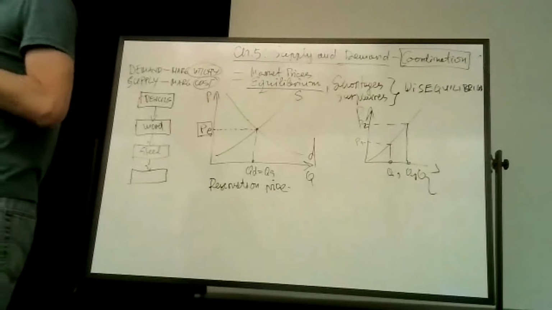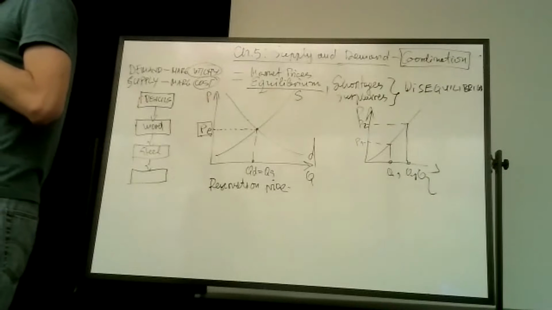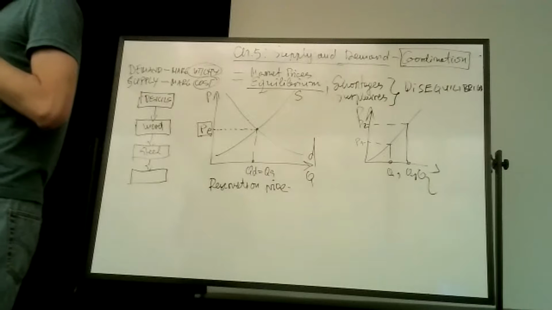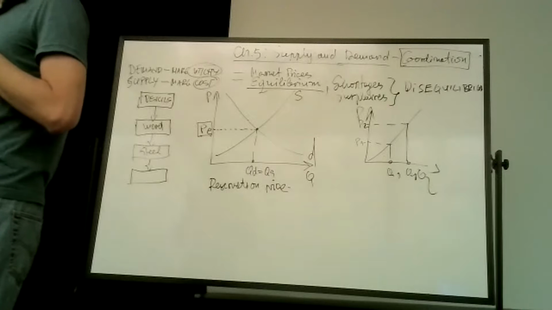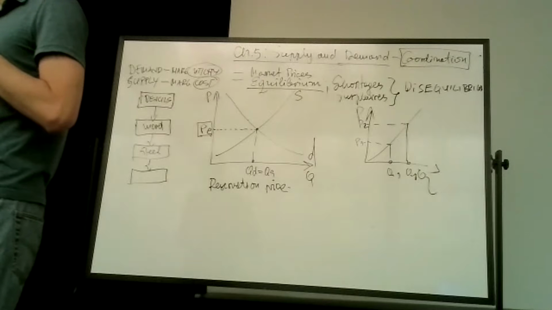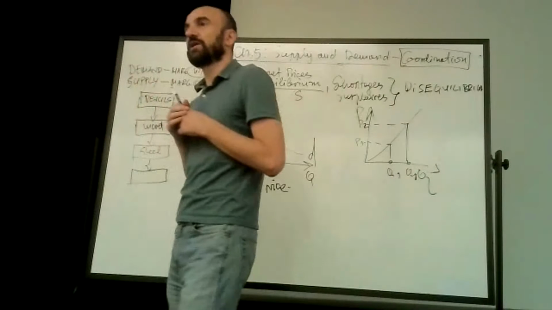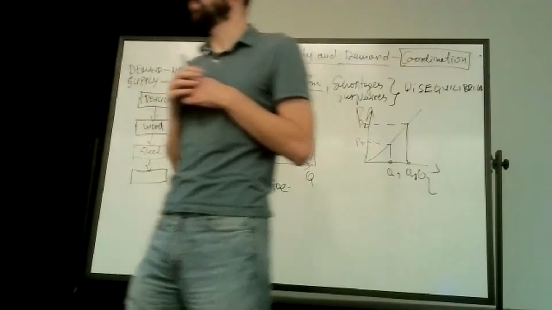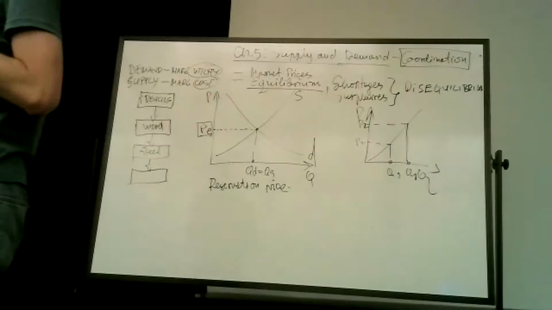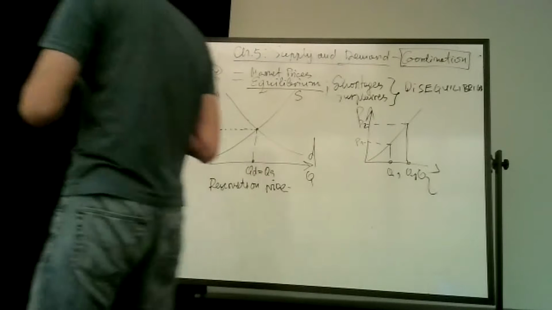How many units are you going to buy? The market price that you have to pay to acquire any one unit is $3. How many units do you buy? Zero, of course, because the market price is higher than your maximum buying price. For you subjectively, a cup of coffee is worth maximum $2. If you have to pay $3, it's not worth it.